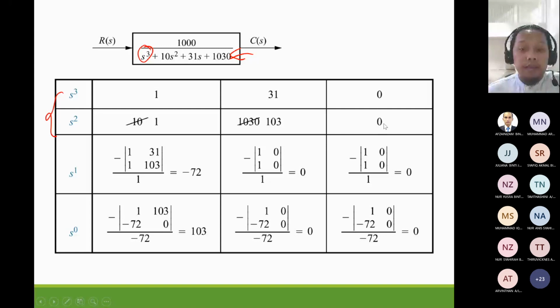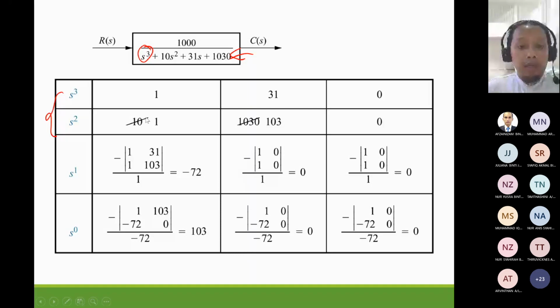After you completely fill the two top rows, for the row S2 you can simplify if you want. Here, because this is 10 and this is 1030, you can factorize 10 to make the table simpler.